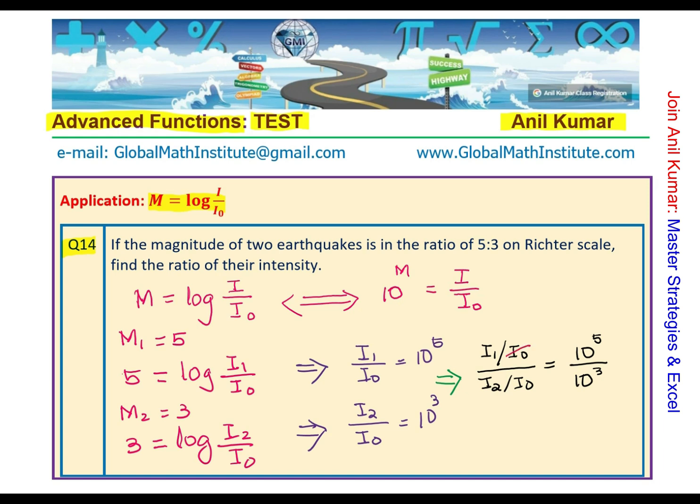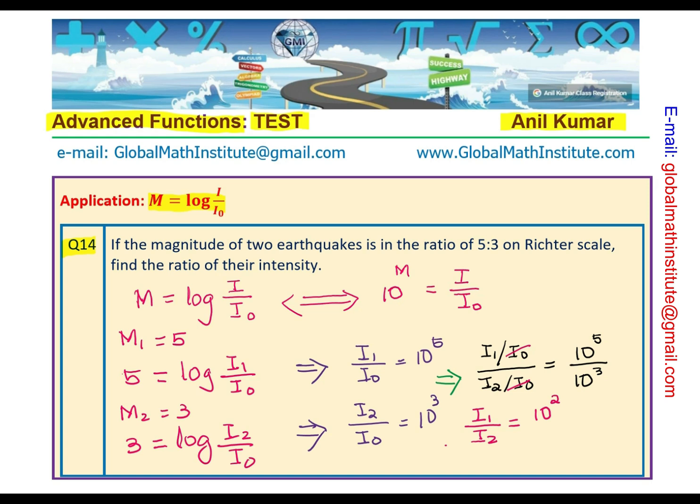So I0 cancels, and we get the ratio which is required, which is I1 over I2 is 10 to the power of 5 minus 3, which is 2. Correct? So that is the ratio, right?